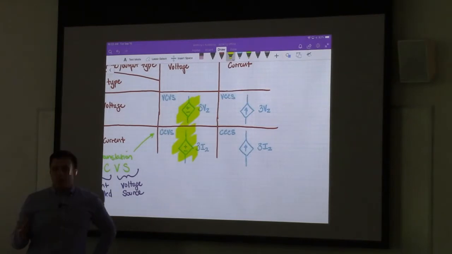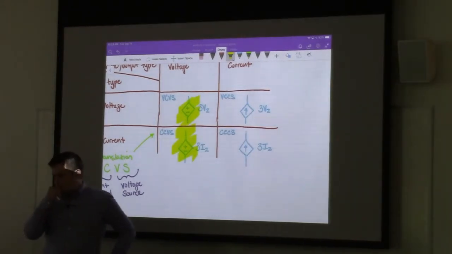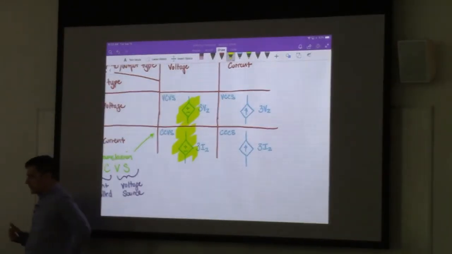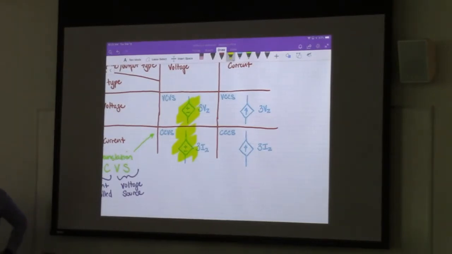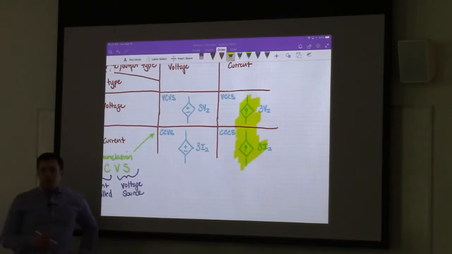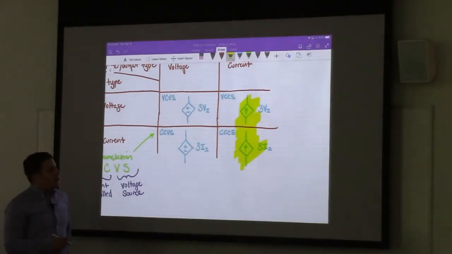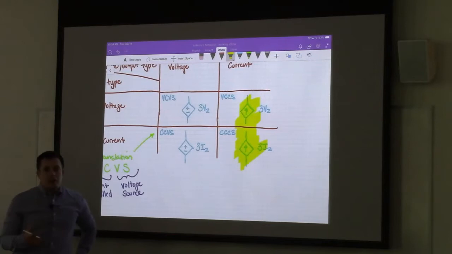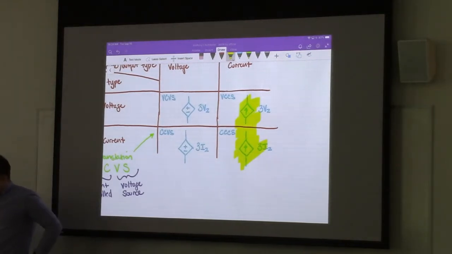Diamond with a plus and minus on the inside. Okay? The only difference is whether it's dependent on a voltage value or a current value. Both the dependent current sources also look the same. Diamond with a little arrow inside. The only difference is whether they're dependent on a voltage or a current source.